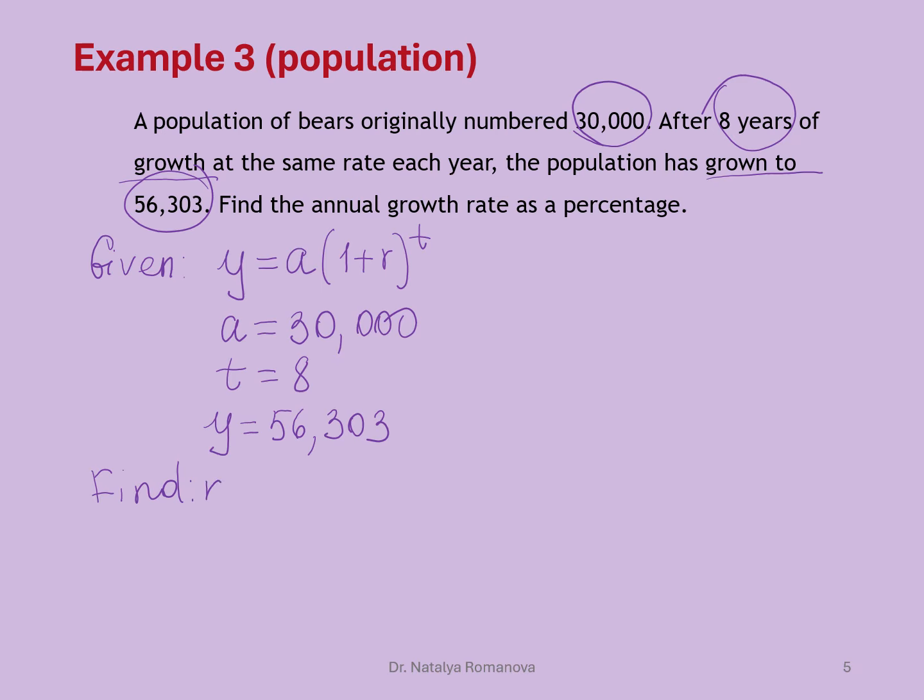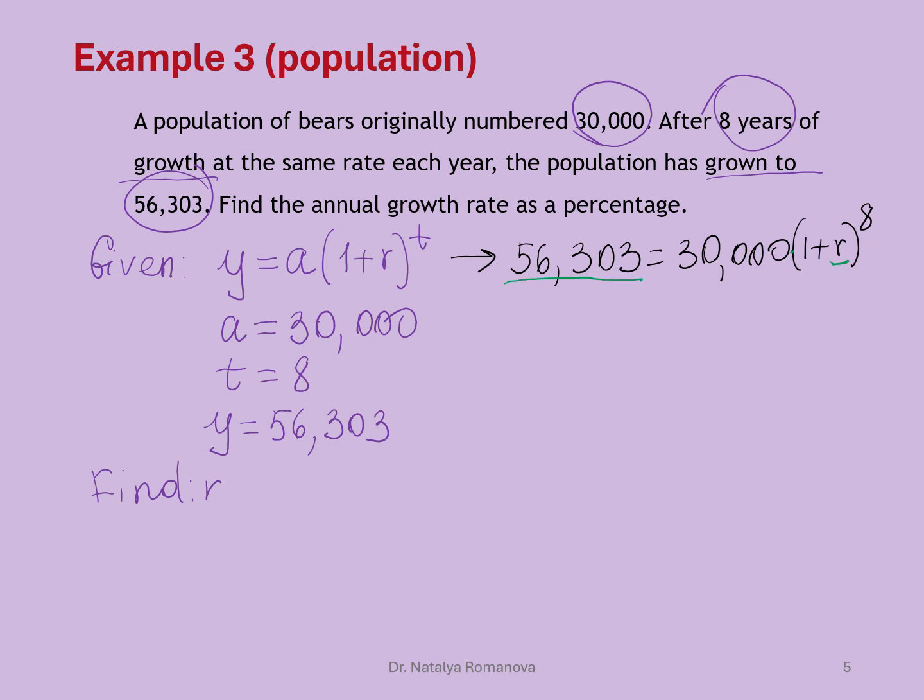The first step, using the given information, we need to create the equation. So y, 56,303 equals 30,000 times (1 plus r) to the 8. We remember our goal is r, so we need to isolate r. We have multiplication here.